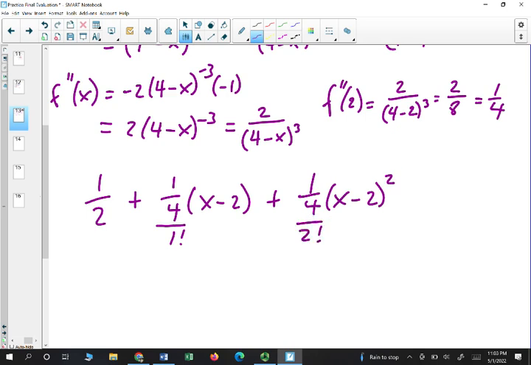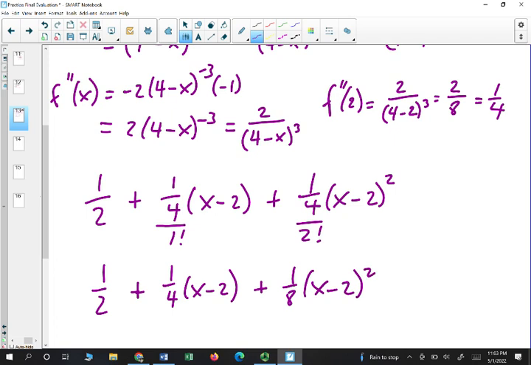So we'll simplify it then. That would just be 1/2. This would be 1/4. And 1/4 divided by 2 will be 1/8. And so that would be our 3 terms.